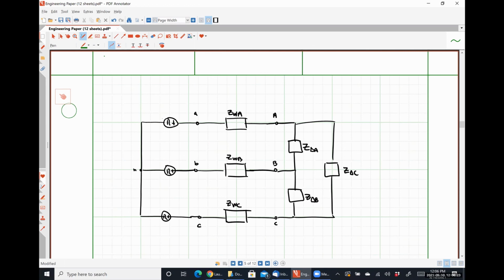It'll always be CA. It really doesn't particularly matter, but because we're dealing with a positive phase sequence where we want the C phase to be 240 degrees lagging the A phase, we'll go CA. So the phase voltage across the C phase would be this guy right here, VCA.